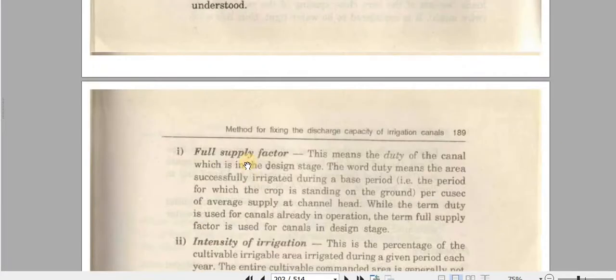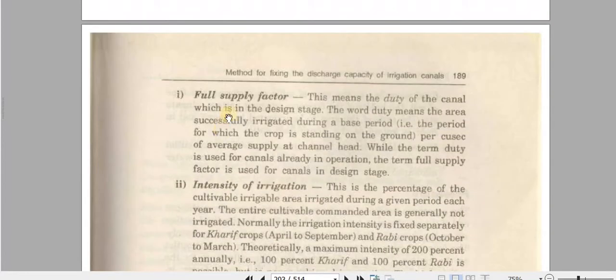Irrigation department method, for example, we have to be familiar with the full supply factor. This is called duty. One term is called duty, one term is called delta. Delta means total water required for a crop from sowing to harvesting. For example, wheat requires about 17 inch, rice requires about 48 or 45 inch of water. Duty means area over discharge. This means duty of the canal, which is the design stage.